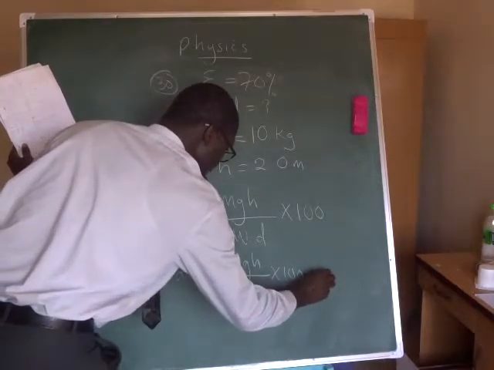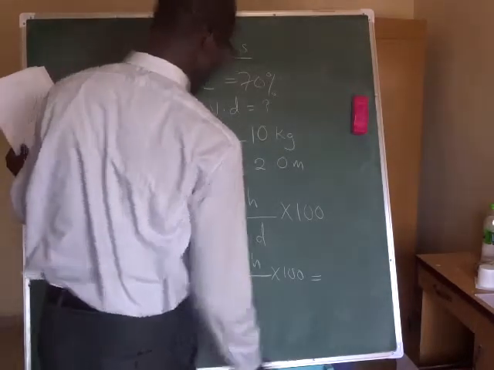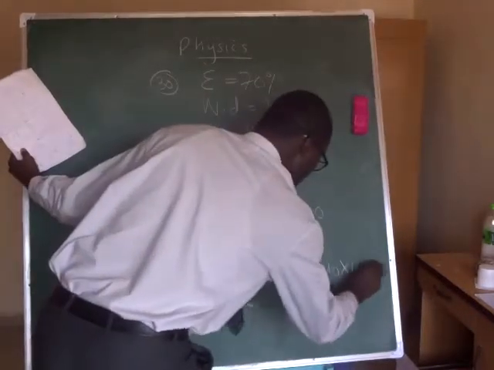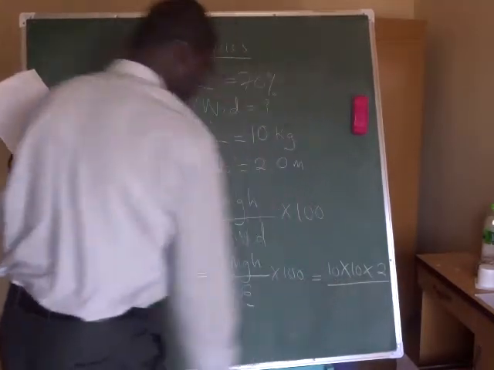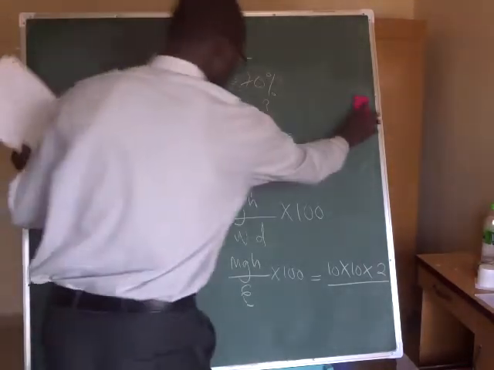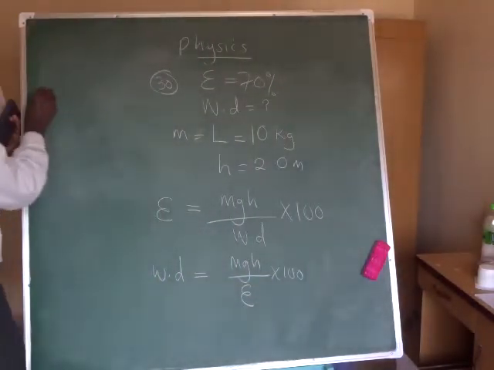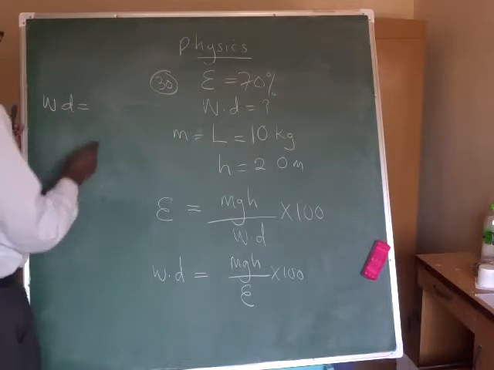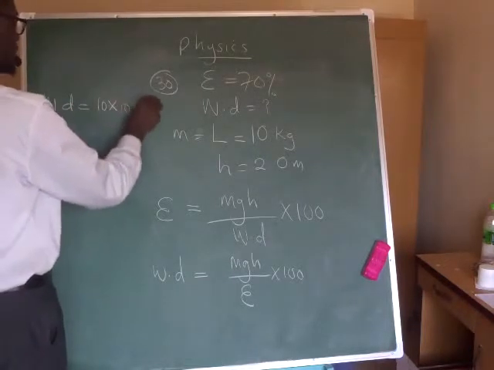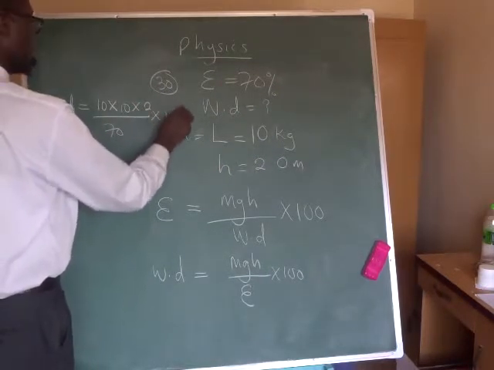So my work done is equal to my mass, 10, multiplied by acceleration due to gravity, 10, my height 2, all over my efficiency 70, then times 100.